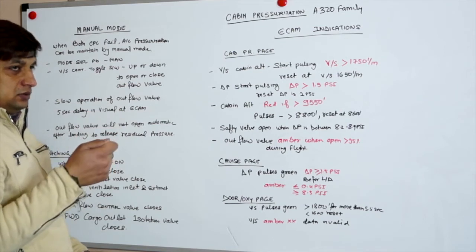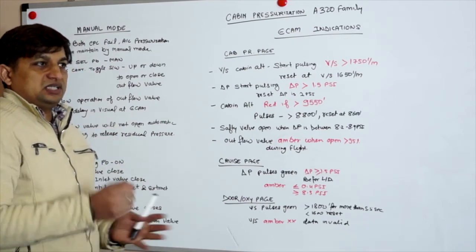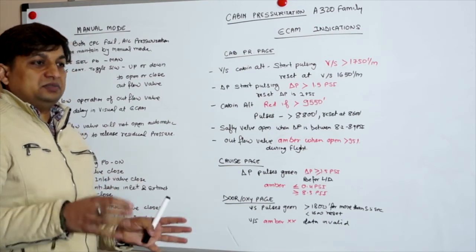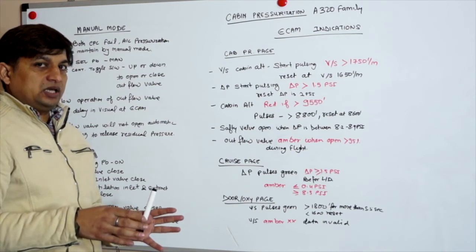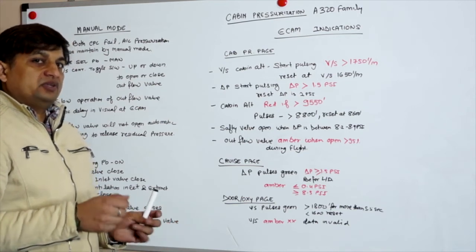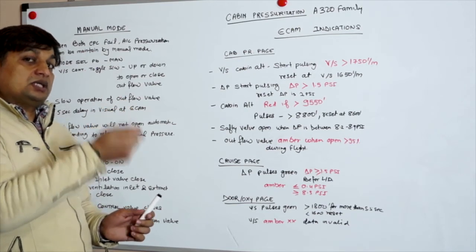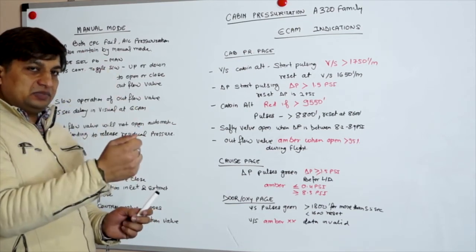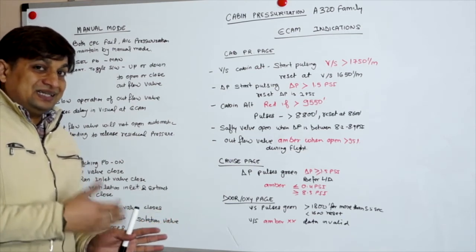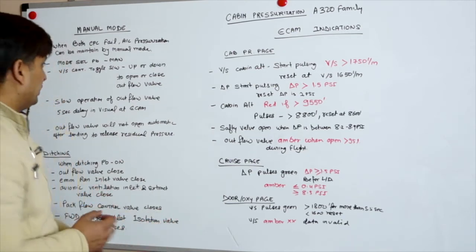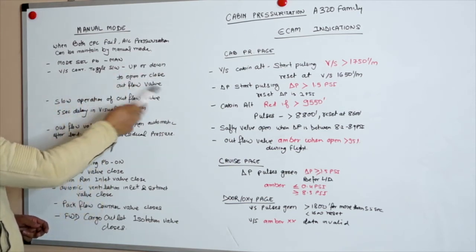Up means the outflow valve will open, that means pressure will release from the cabin to the outside, so the cabin pressurization will decrease. If we move it down, the outflow valve will close and pressurization will increase inside the cabin. So the toggle switch has to be moved up or down to open or close the outflow valve.